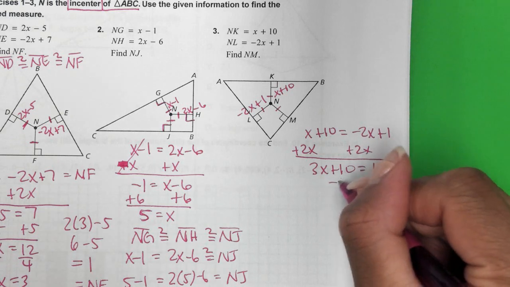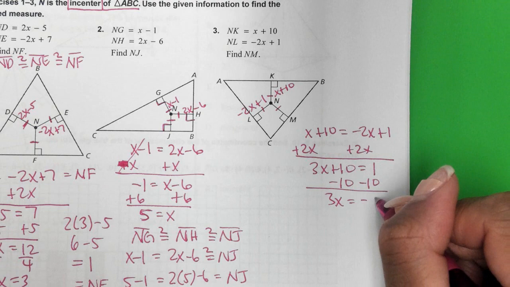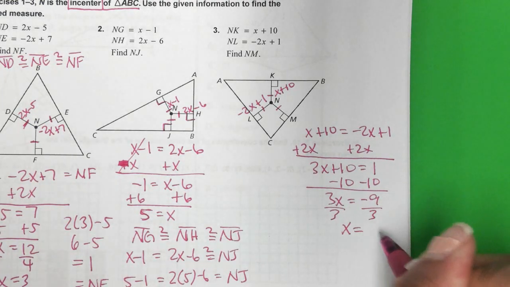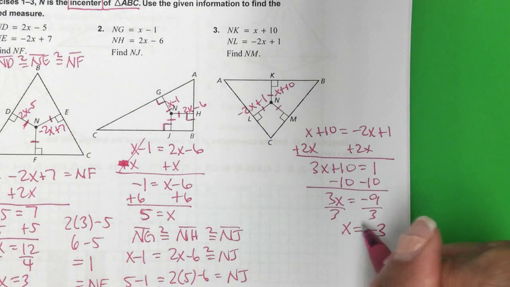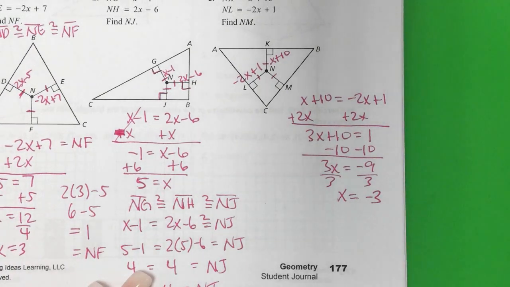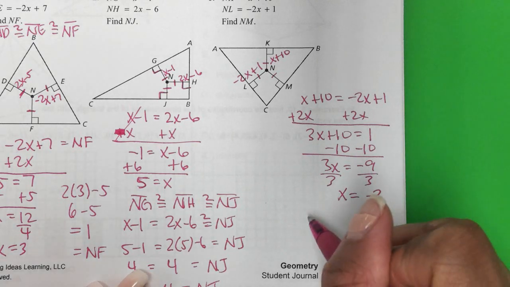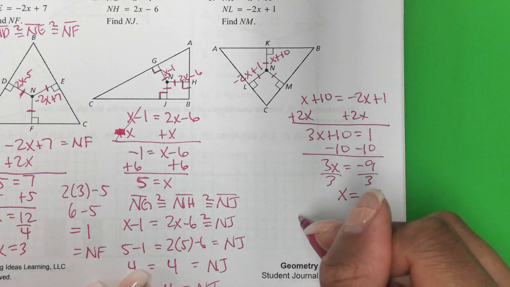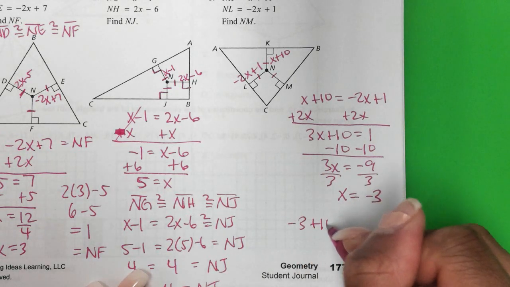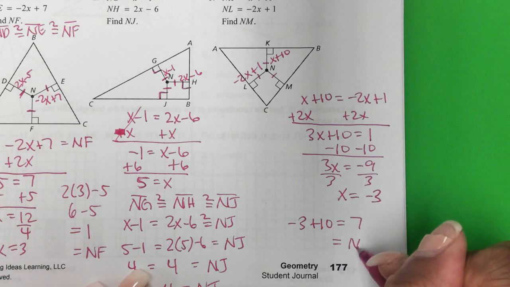I'm going to subtract 10, so 3x equals negative 9, and I divide by 3, x equals negative 3. Now it's okay to have a negative x value, because all I have to do is plug it back in, and I should have a positive value when I do. So I have x plus 10, and I can plug in x, so negative 3 plus 10, which equals 7, and that equals NM.